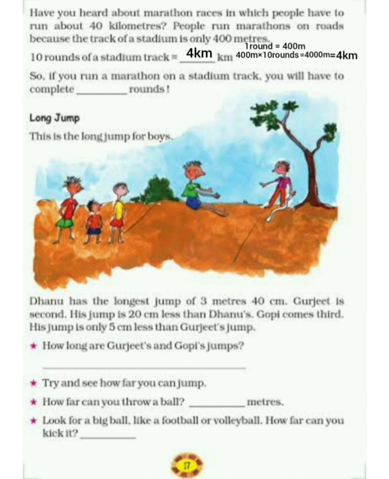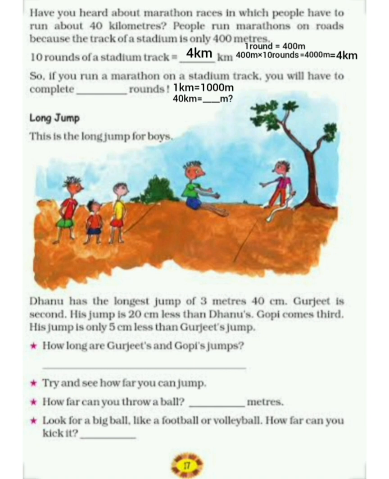Okay. Next, if you run a marathon on a stadium track, how many rounds will you have to complete? A marathon race means 40 kilometers. Yes, our stadium track is 400 meters. Okay. So, 1 kilometer equals 1000 meters. Then 40 kilometers means how many meters?